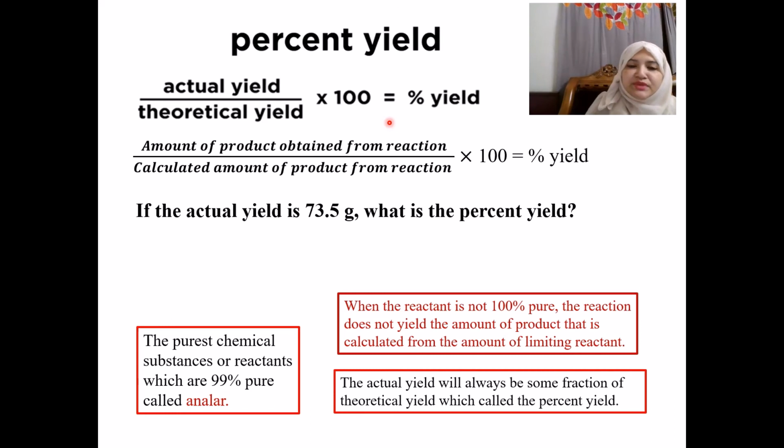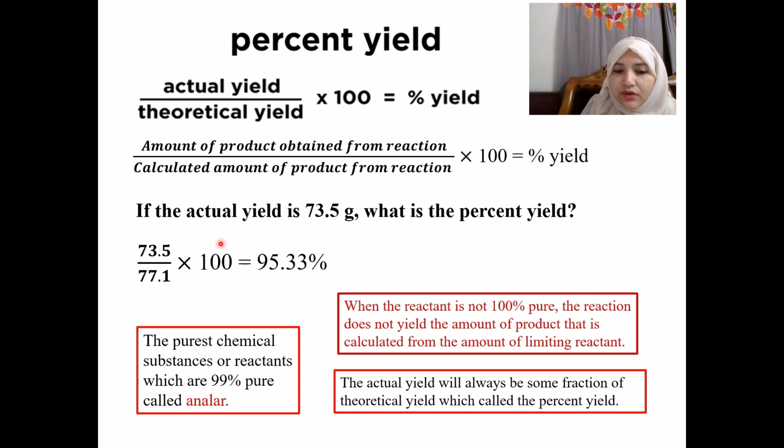Look at this formula: the actual yield is 73.5, and from our previous problem the theoretical yield was 77.1. Try to remember this was 77.1, and if we put these two amounts in this formula, then we can easily calculate the percent yield.